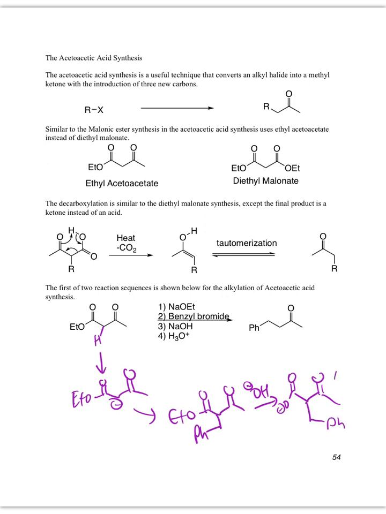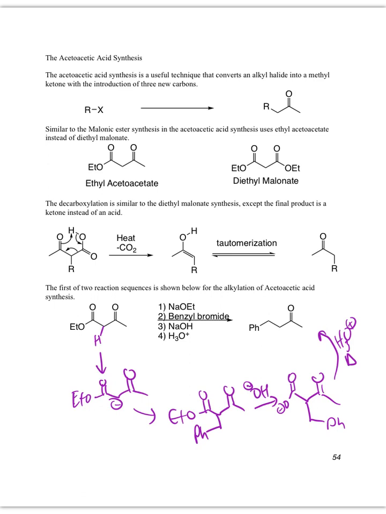And then from there, we add acid and heat, and we decarboxylate it, and we get the ketone, the substituted ketone, as opposed to in the previous example with the diethylmalonate, we got the substituted carboxylic acid. Here we get the substituted ketone.